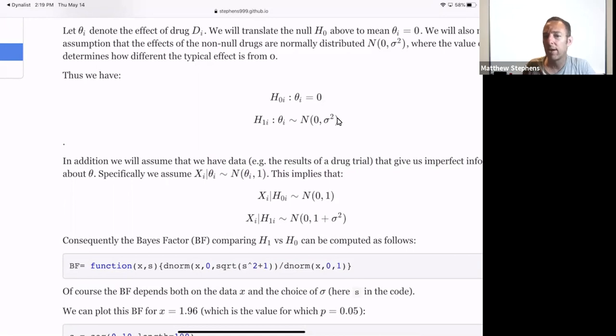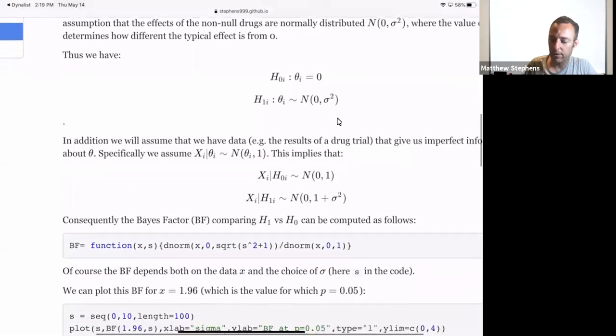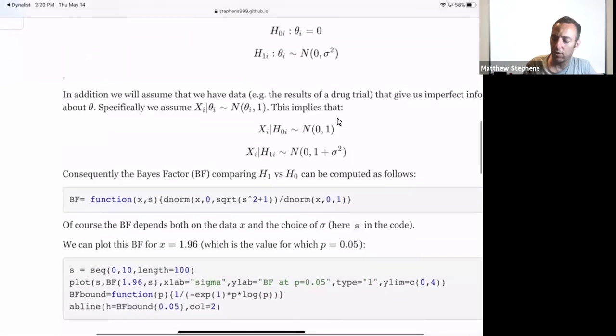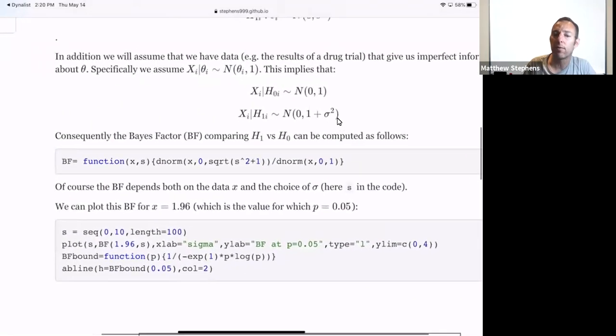For this prior distribution, we can explicitly compute the Bayes factor, because if the effect sizes are normal 0, sigma squared, then we've got a test statistic that's normal theta, 1, like a z-score. Under the null, x would be normal 0, 1. So think of this as a z-score. You would get two normal distributions, basically, so your Bayes factor becomes just the ratio of these two normal distributions.